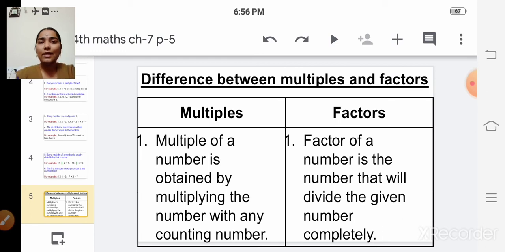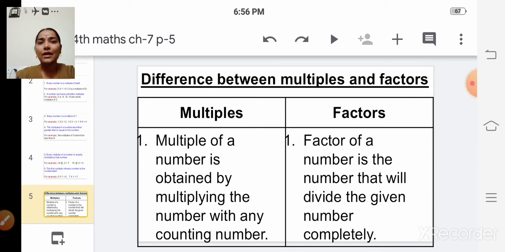So next we are going to learn the difference between multiples and factors. What is the first difference? A multiple of a number is obtained by multiplying the number with any counting number.